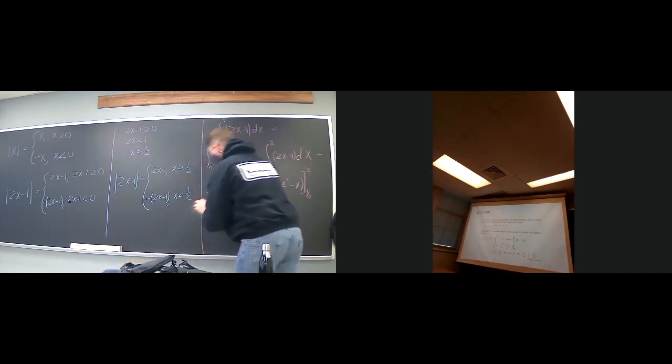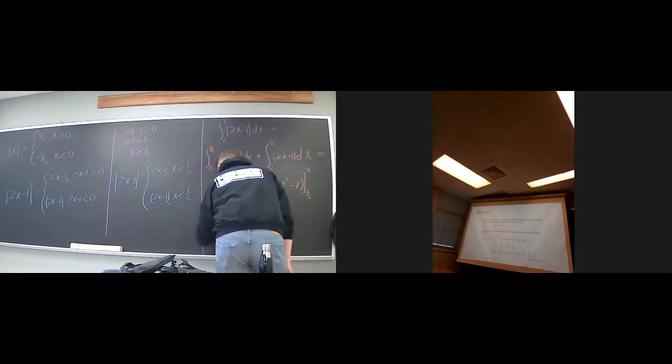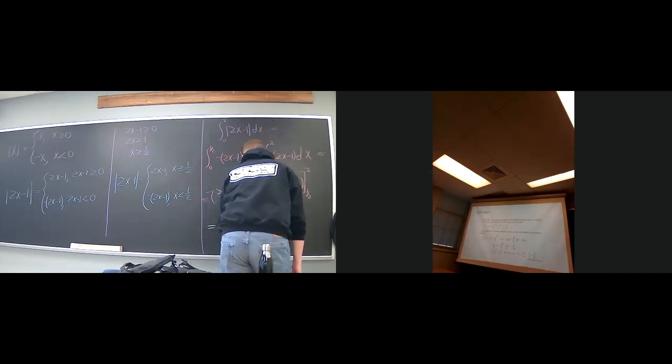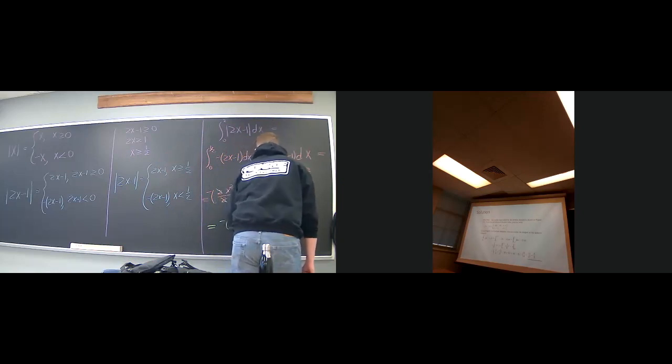When we do, what we're going to be left with is negative x squared minus x from 0 to 1/2, plus x squared minus x from 1/2 to 2.